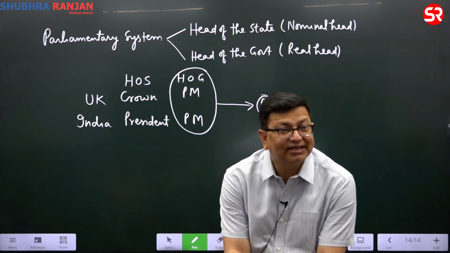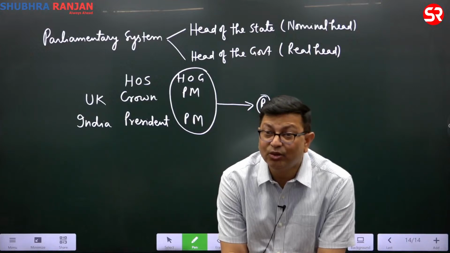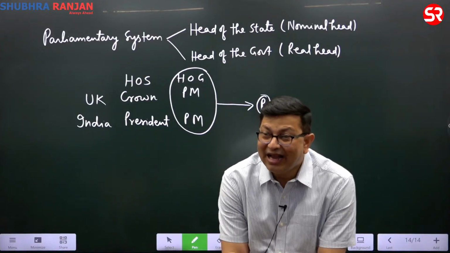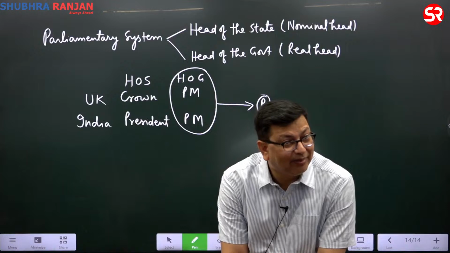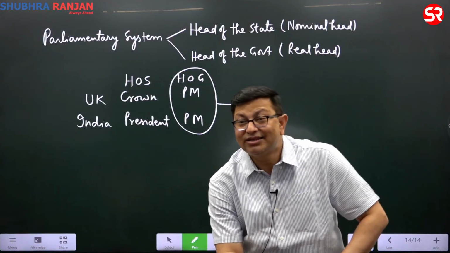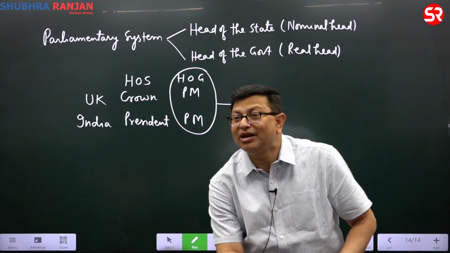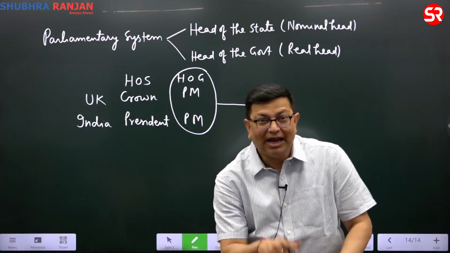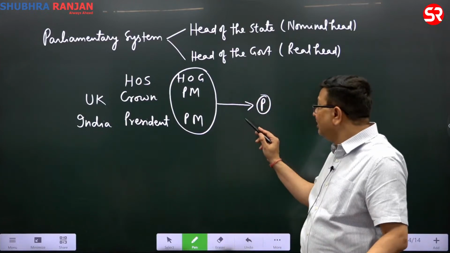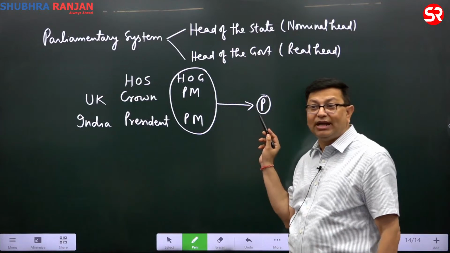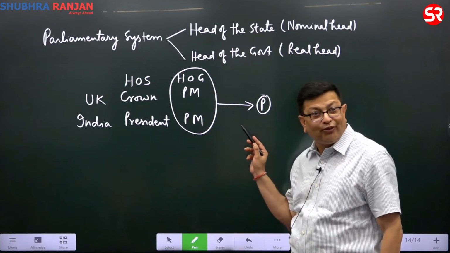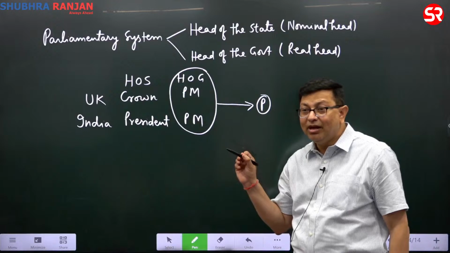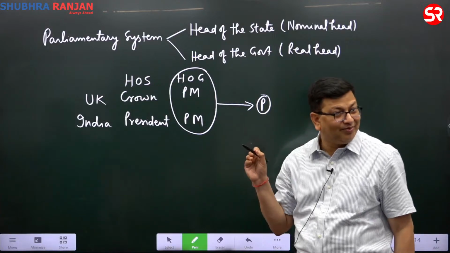Because such a system evolved in the United Kingdom. And the United Kingdom or Great Britain is termed as the mother of parliamentary democracy. And in Great Britain, the legislature is known as the parliament. So from there the nomenclature came, parliamentary system.